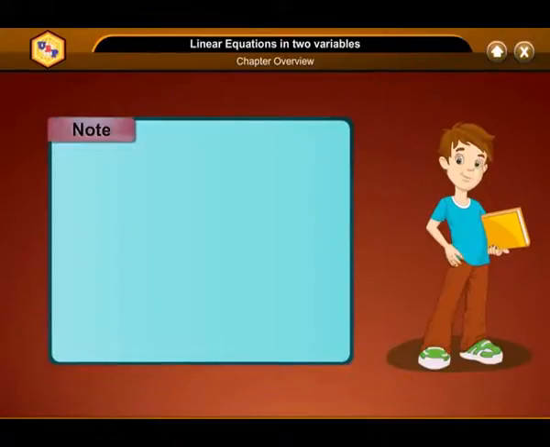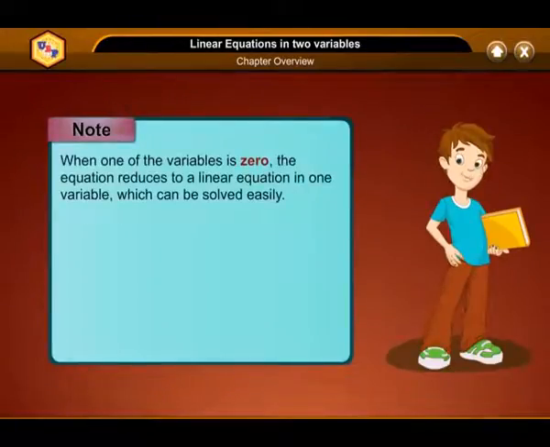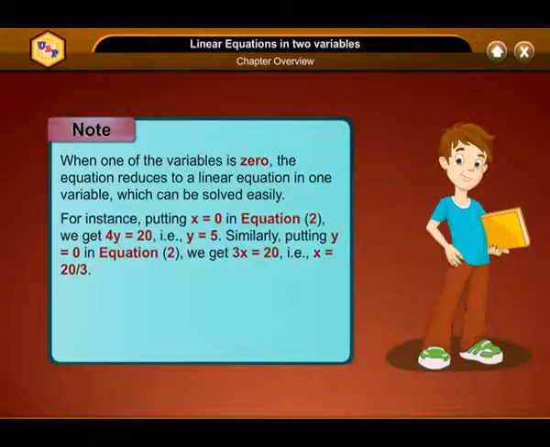Note: when one of the variables is 0, the equation reduces to a linear equation in one variable, which can be solved easily. For instance, putting x = 0 in equation 2, we get 4y = 20, that is, y = 5.